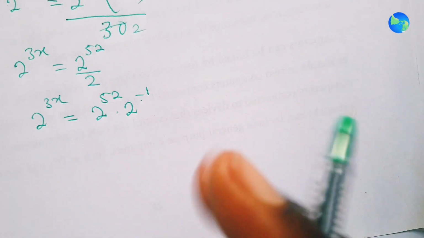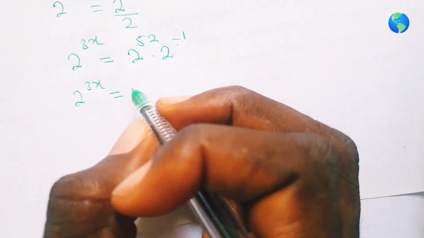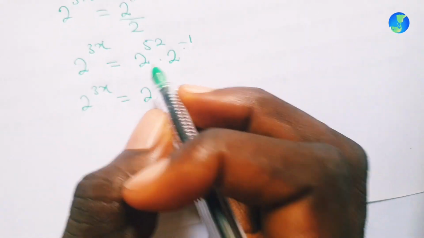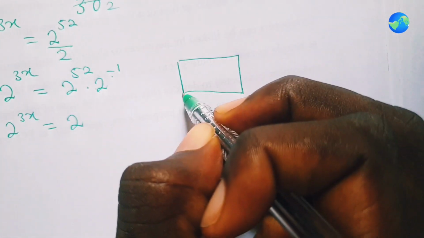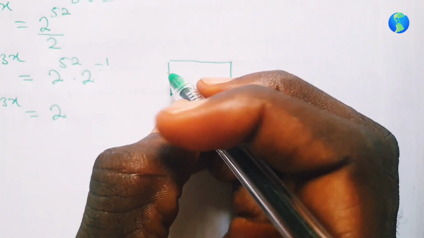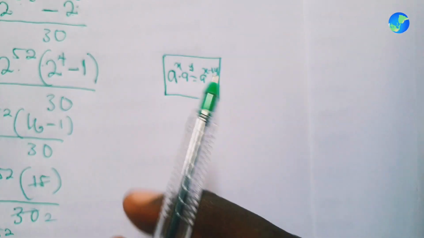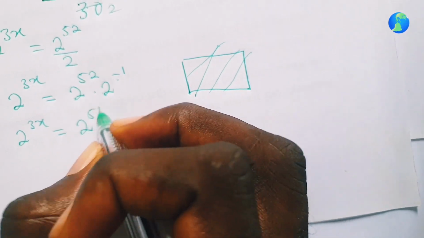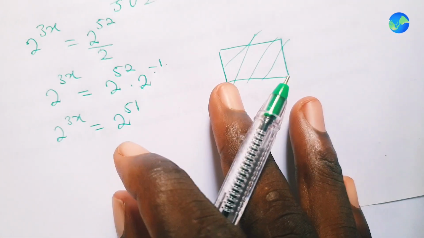Which clearly we can rewrite as 2 power 3x is equals to 2 power, when we have multiplication and the same bases from the law of indices, it's the same rule I will still use. So this is going to be power 51, because this is 52 minus 1, which is 51, right?